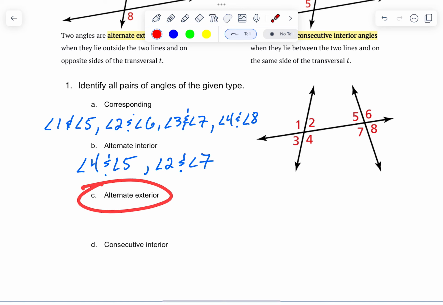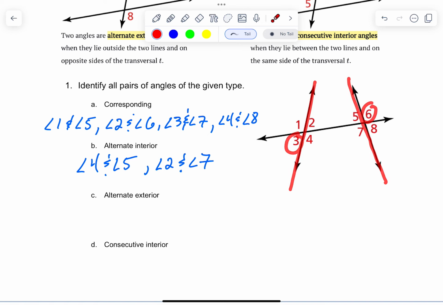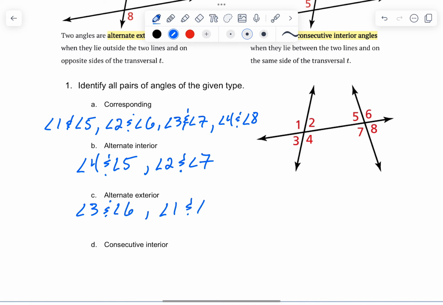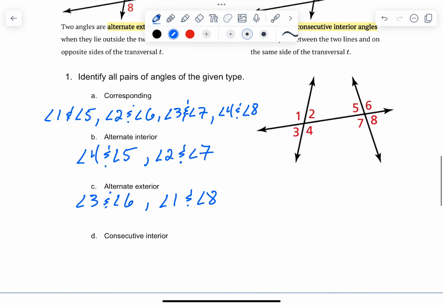Alternate exterior. So exterior is outside of the two lines. Alternate is opposite sides of the transversal. So angle 3 and 6 are alternate exterior, as well as angles 1 and angles 8.